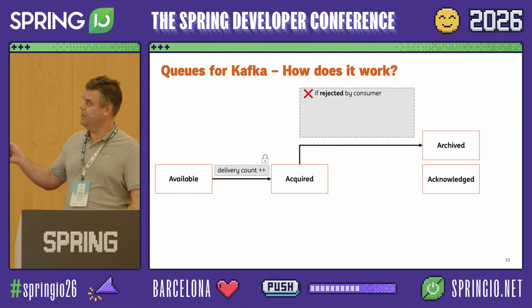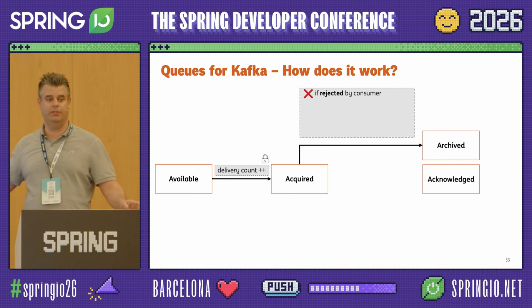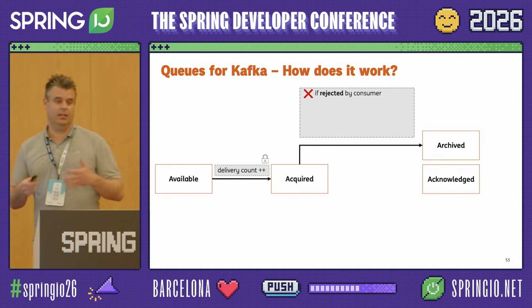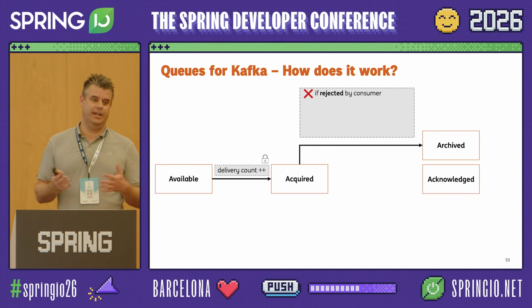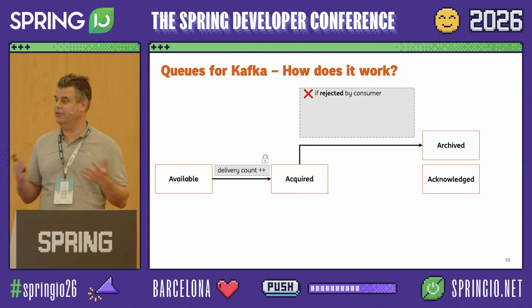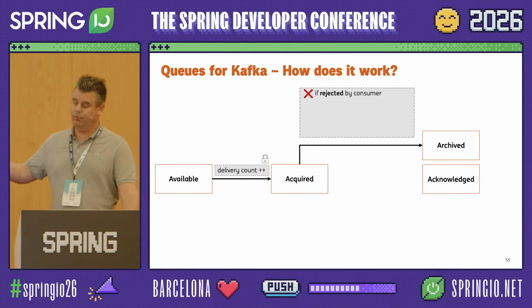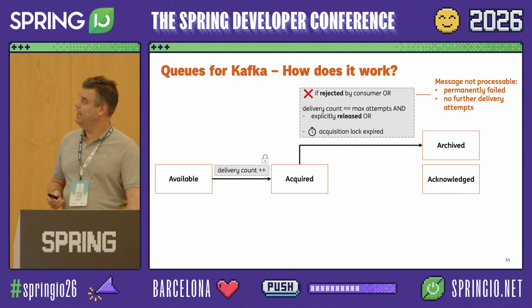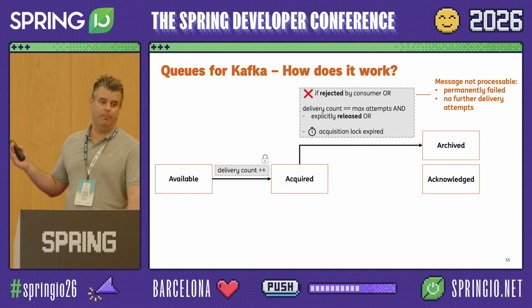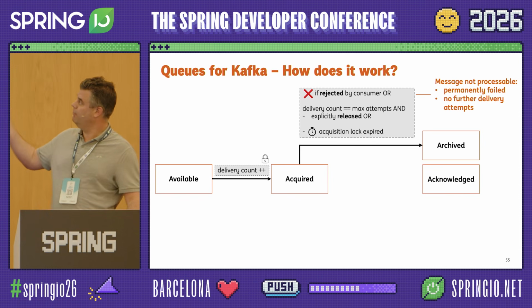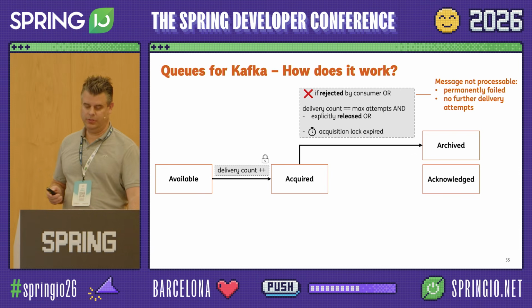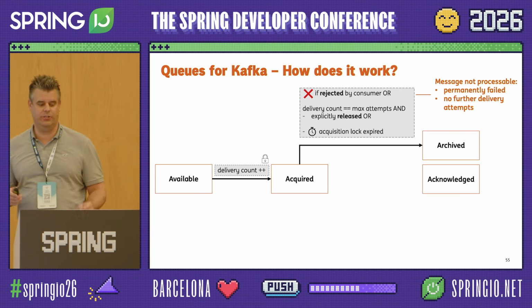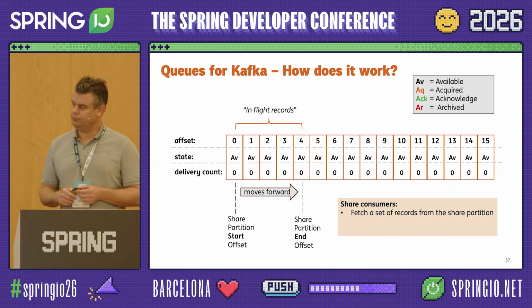The other part is where you can explicitly reject a message. Maybe there's data coming in, and for that use case, it's invalid, or you cannot handle it, and then it will be marked as archived. There will be no retry, and it will be permanently flagged as failed. So those are the states, and we will see this in action in the demo.